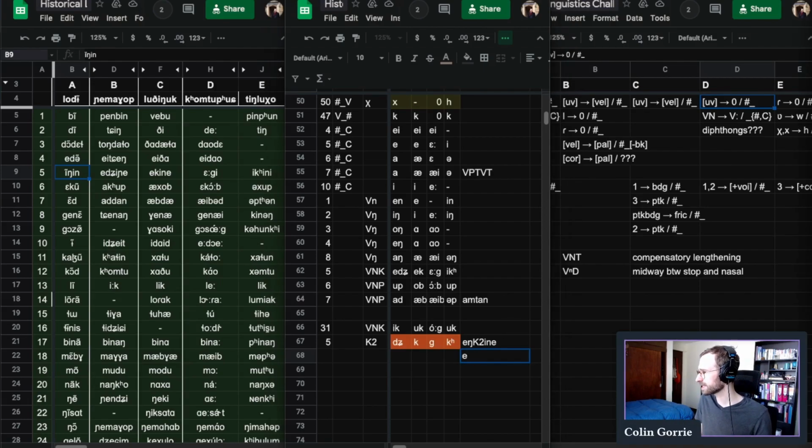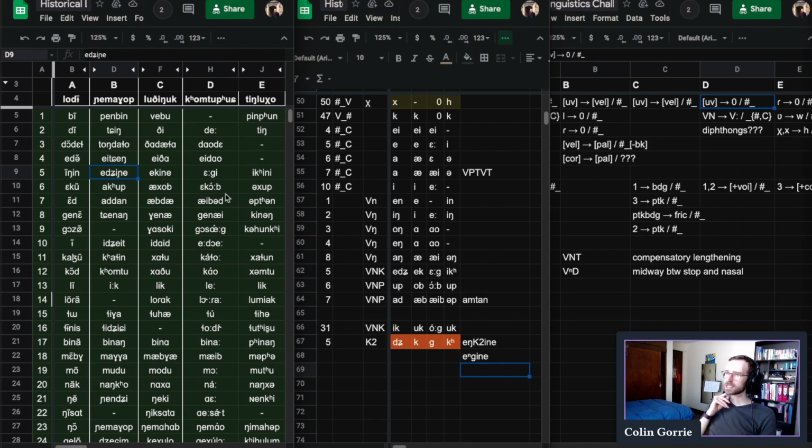Or we have something like engine. Those, I think, are our two options. And in that case, K2 would be the pre-nasalized series. So what we have called K2 here is actually the pre-nasalized series. If the two series are pre-nasalized, let's see if that makes sense.